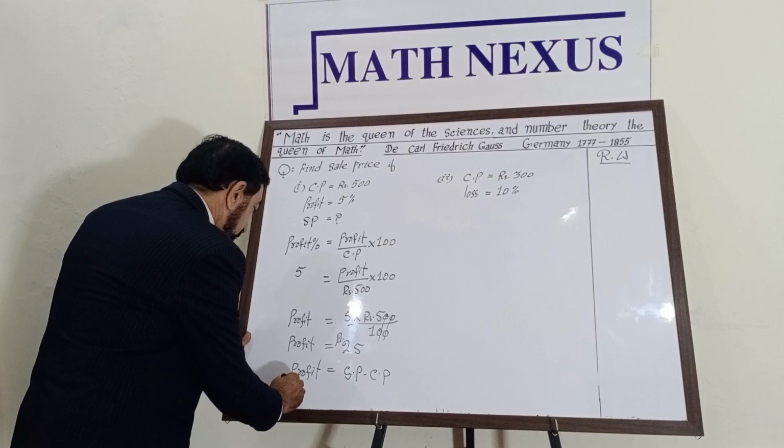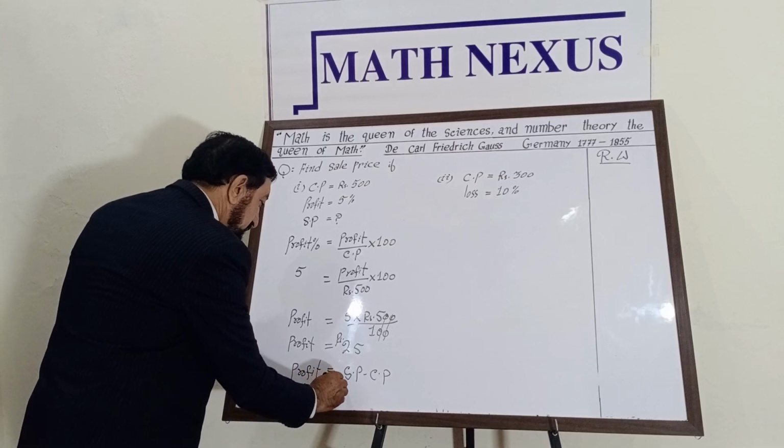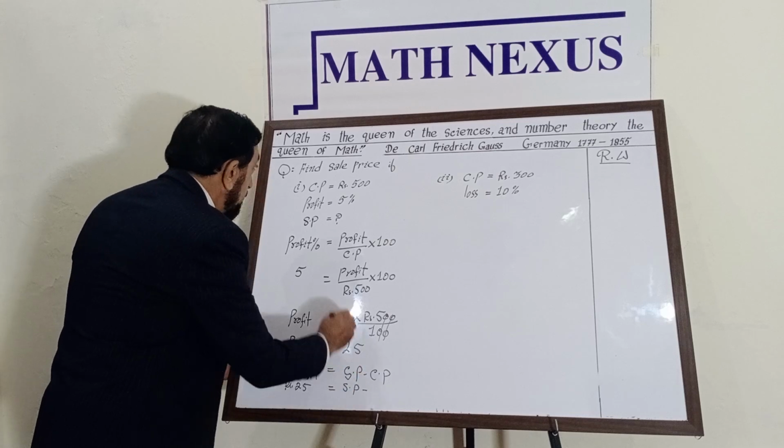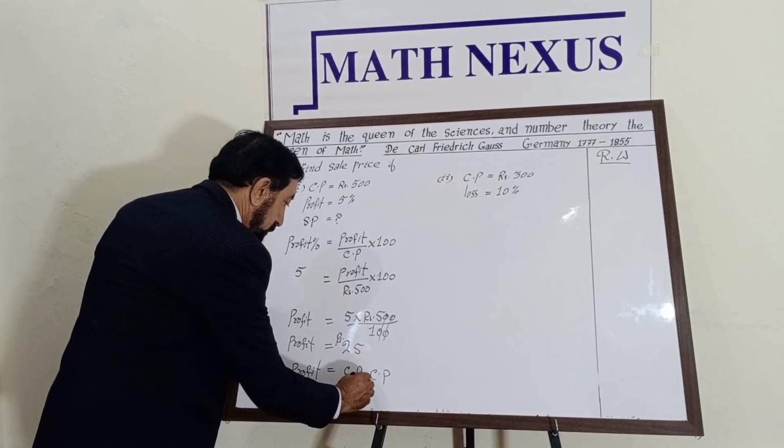Profit is equal to 25, sale price is unknown and cost price is equal to 500.